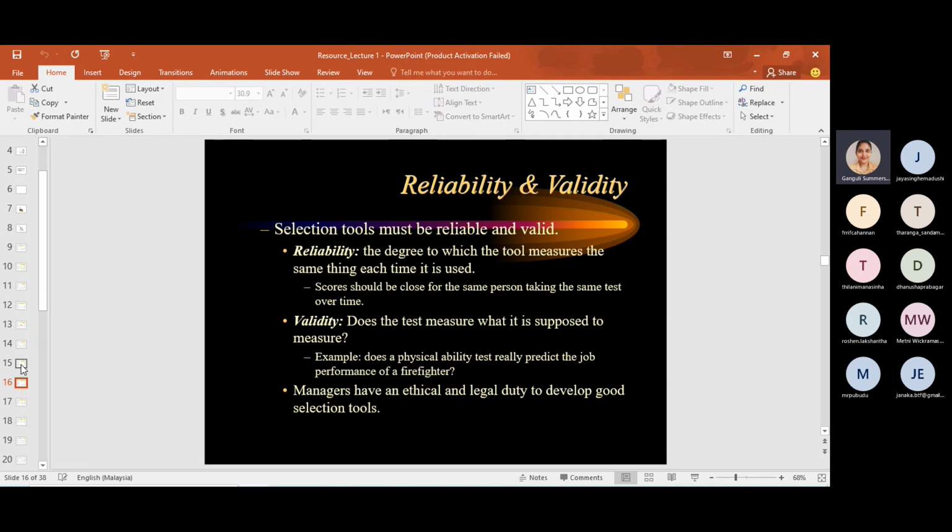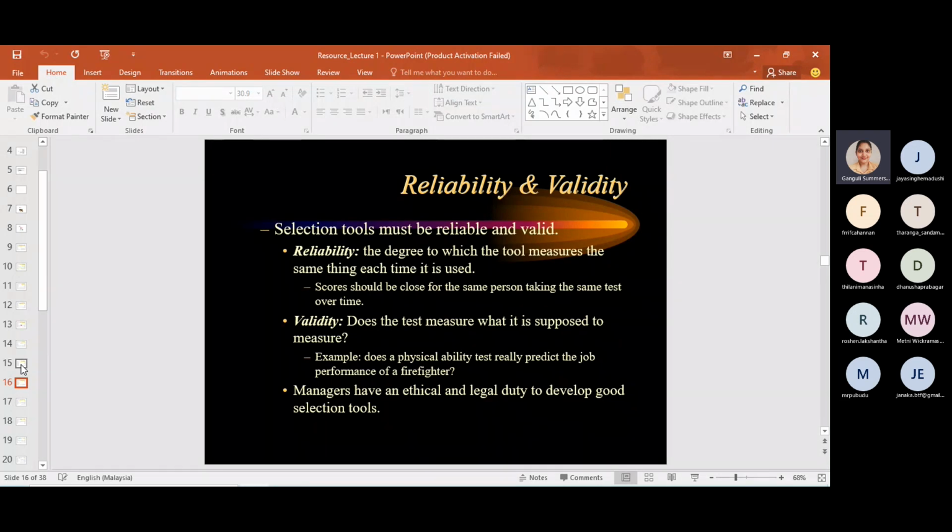For example, does a physical ability test really predict the job performance of a firefighter? Let's say you are hiring a person as a firefighter for a firefighter vacancy.